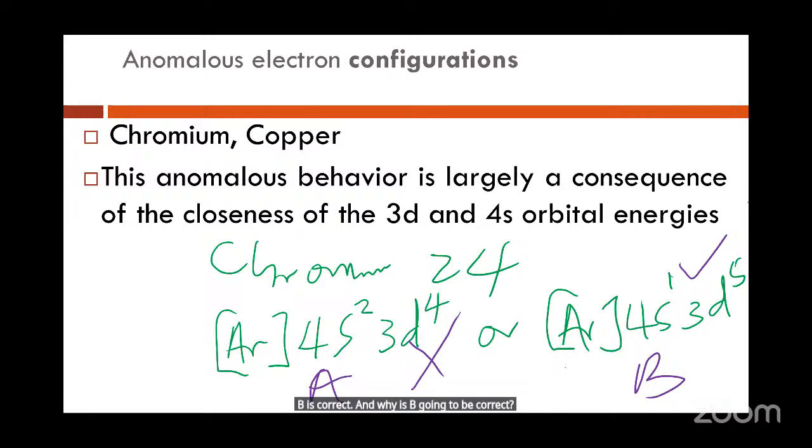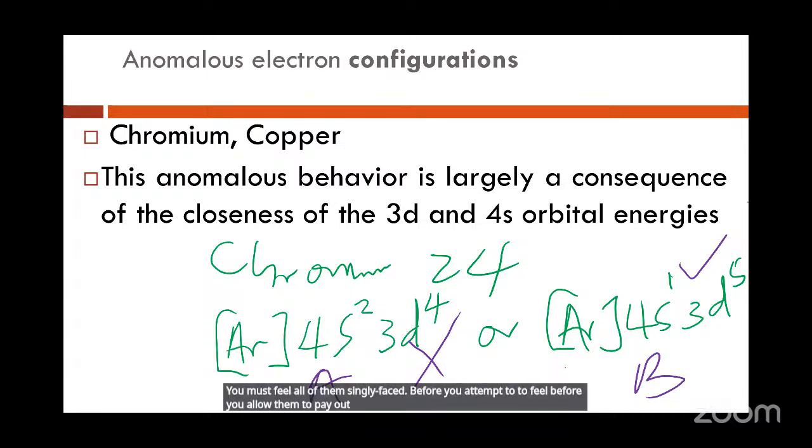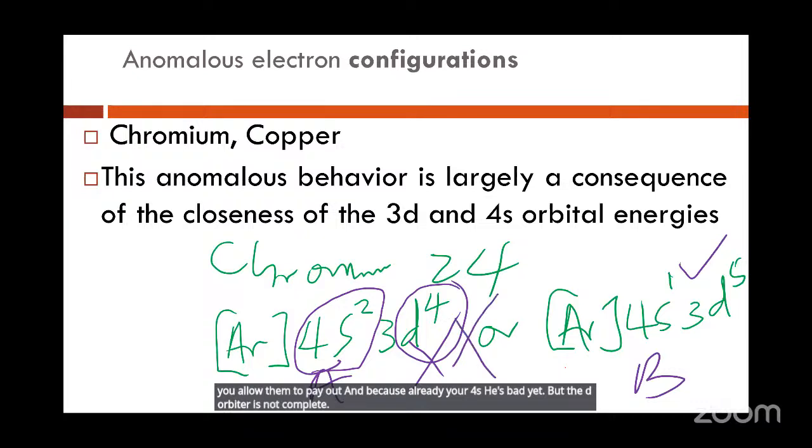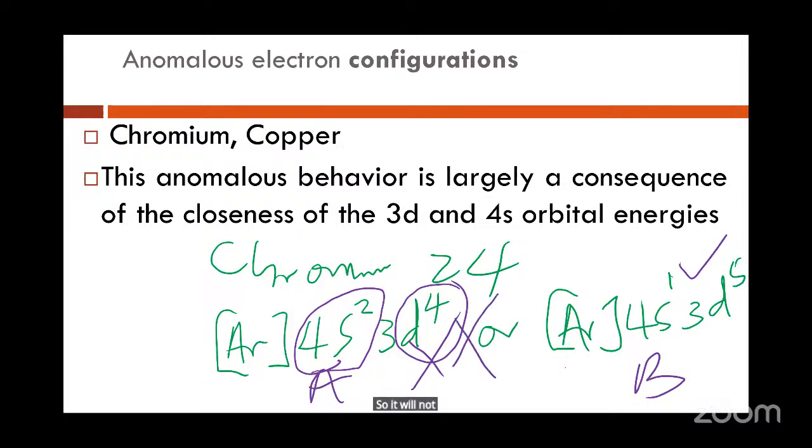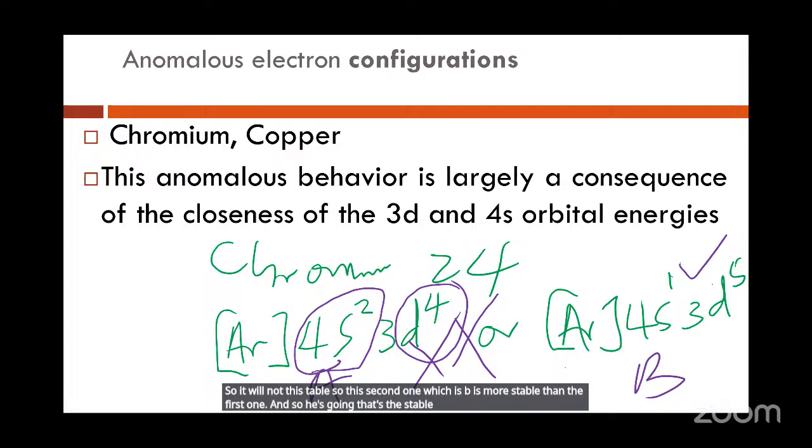That's Hund's rule that says when you have degenerate orbitals, you must fill all of them singly first before you allow them to pair up. And because already your 4s is paired here, but the d orbital is not complete, it will not be stable. So this second one, which is B, is more stable than the first one. And that's the electronic configuration that is accepted.